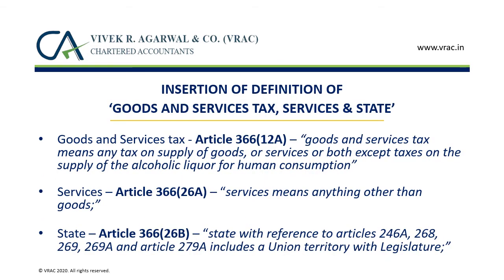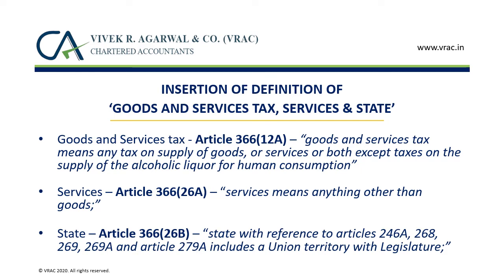Article 366 of the Constitution of India contains various definitions. By way of this Constitution Amendment Act, definition of goods and services tax, services, and state were inserted in the Constitution. Goods and services tax is defined under Article 366(12)(a) as, goods and services tax means, any tax on supply of goods, or services or both, except taxes on the supply of the alcoholic liquor for human consumption.